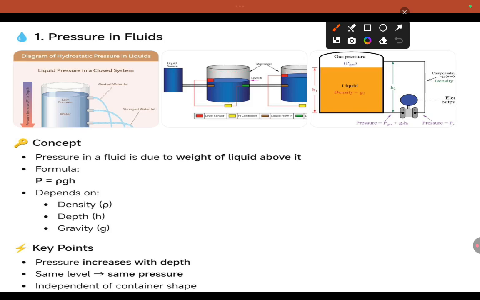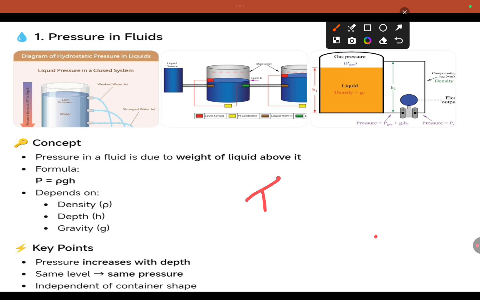Fluid is what? Can you tell me what is fluid? It is a substance that has the ability to flow.